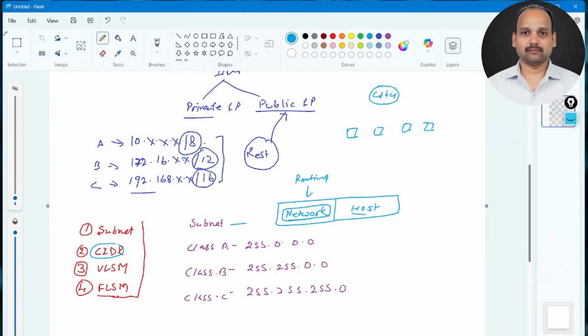Los Angeles is the network and there are homes, suppose A by 1, A by 2, A by 3, A by 4 and A by 6. These come under Los Angeles. So if anyone writes this address, first they will write Los Angeles and then they will type A by 2.